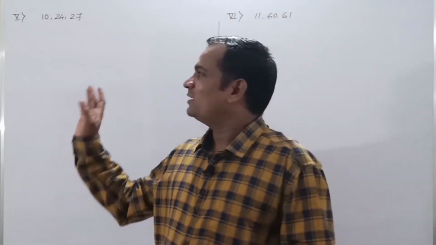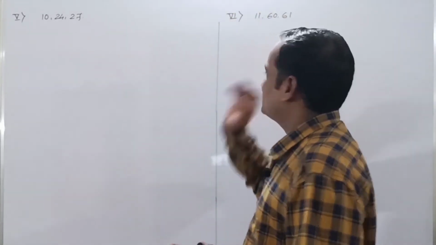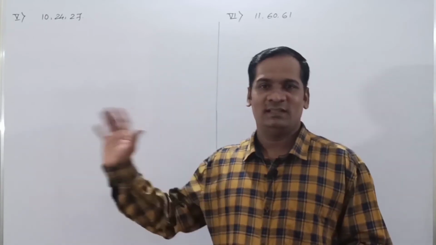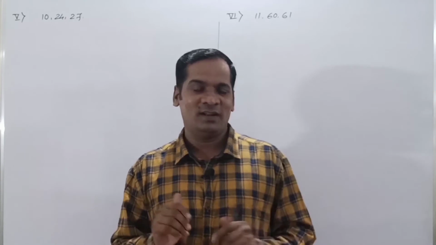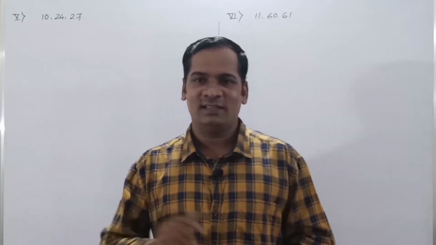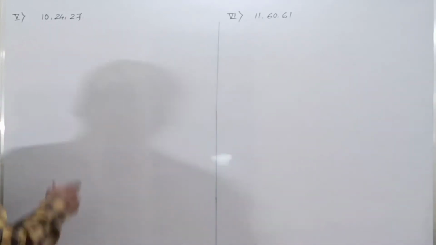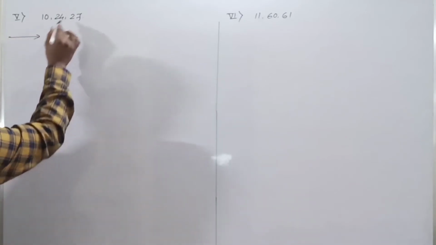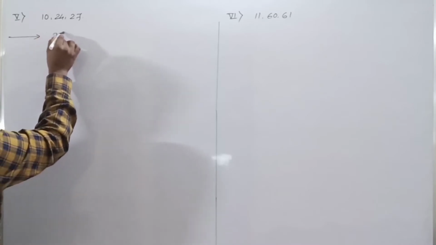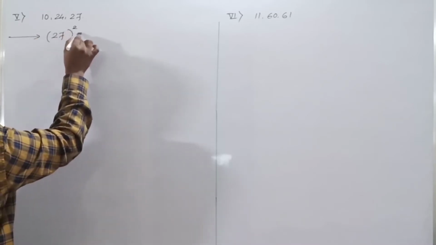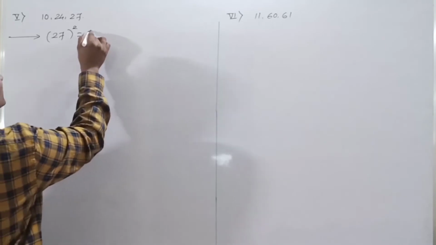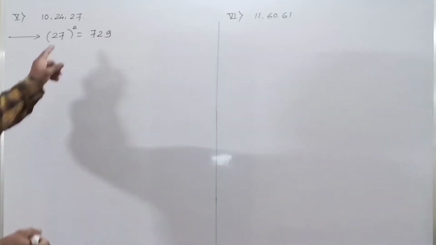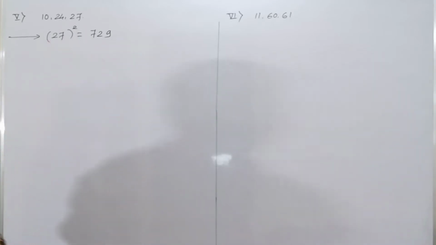These two are the fifth and sixth sub questions from question number 1. Again we have to find out whether these three numbers are a Pythagorean triplet or not. So let's check like the previous one. This one is 10, 24 and 27. So 27 whole square is equal to 729. Now the square of 27 is how much? 729.